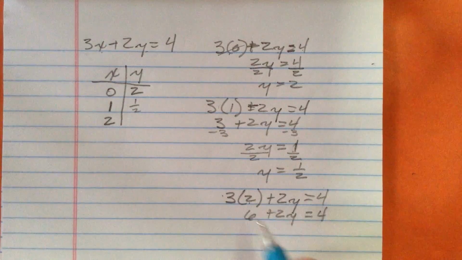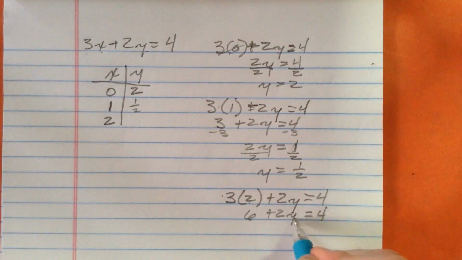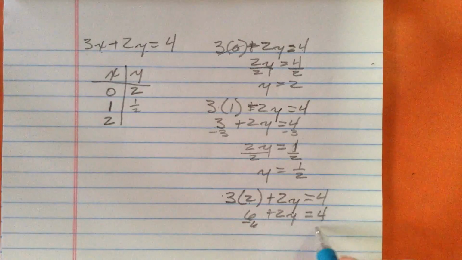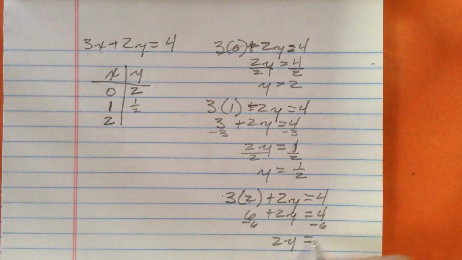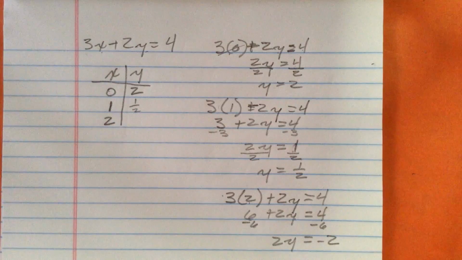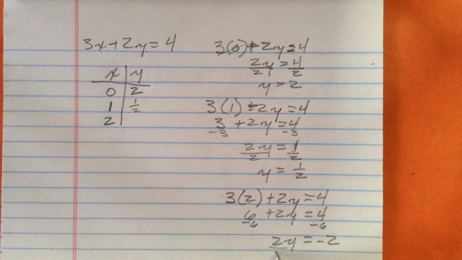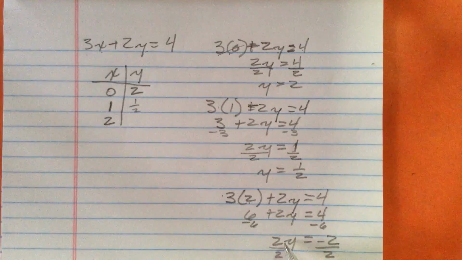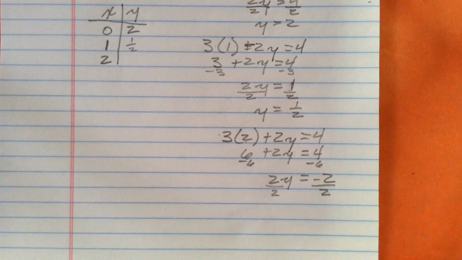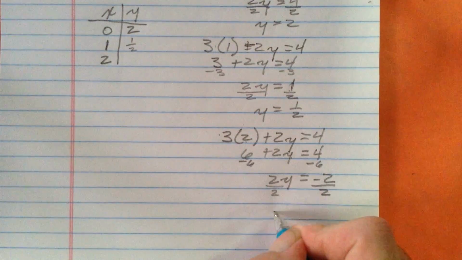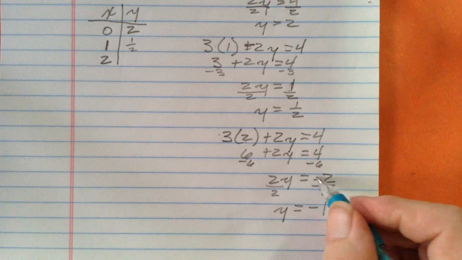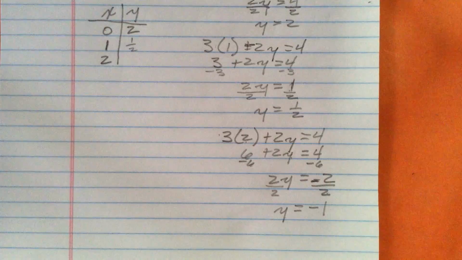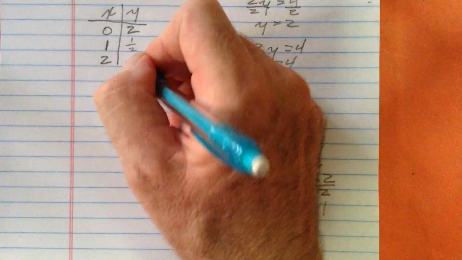I have to find the y, so minus 6 on both sides. So 2y equals negative 2. Then divide by 2, negative 2 divided by 2, so y equals negative 1.